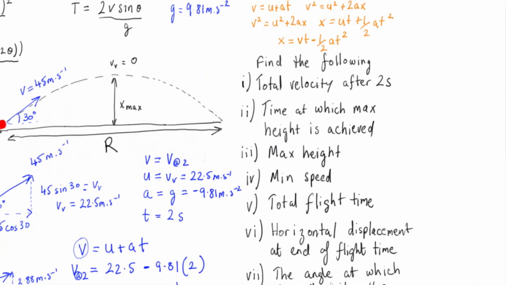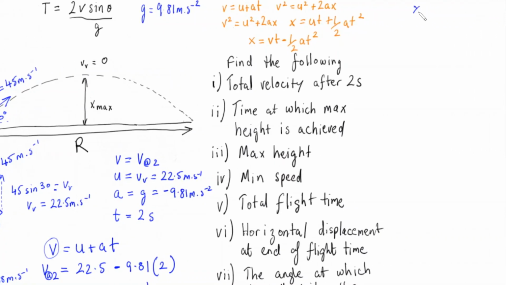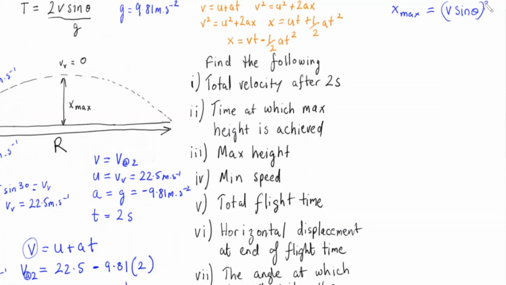So we can say x-max is equal to (v sine theta) whole squared, divided by 2g.